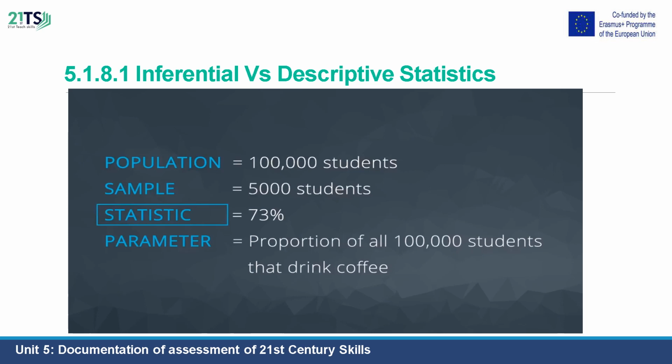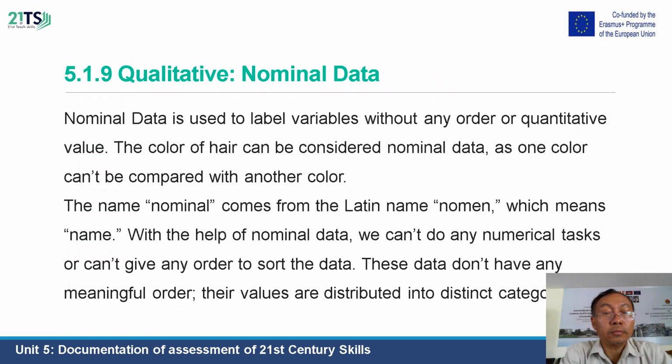In our case, the 73% of the 5,000 that drink coffee. This 73% is the statistic. A numeric summary of the population is known as a parameter. In our case, we don't know this value, as it's a number that requires information from all Udacity students. Drawing conclusions regarding a parameter based on our statistics is known as inference.